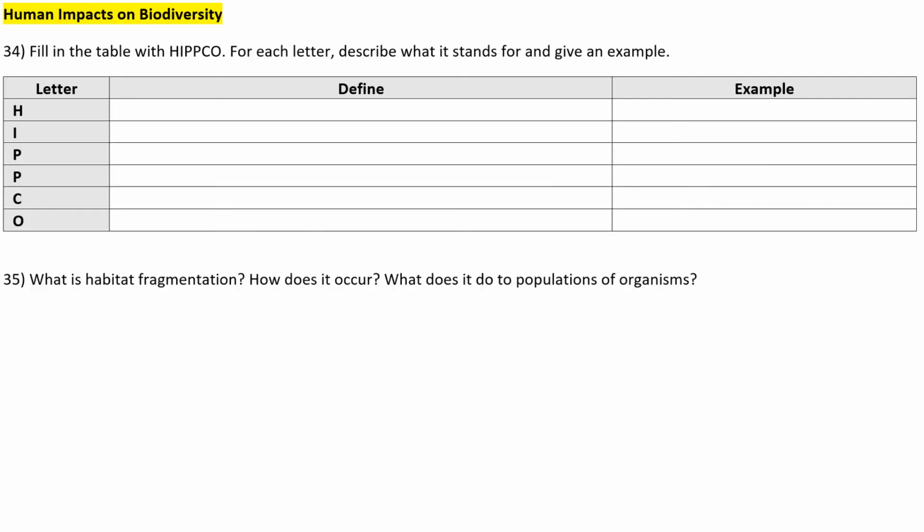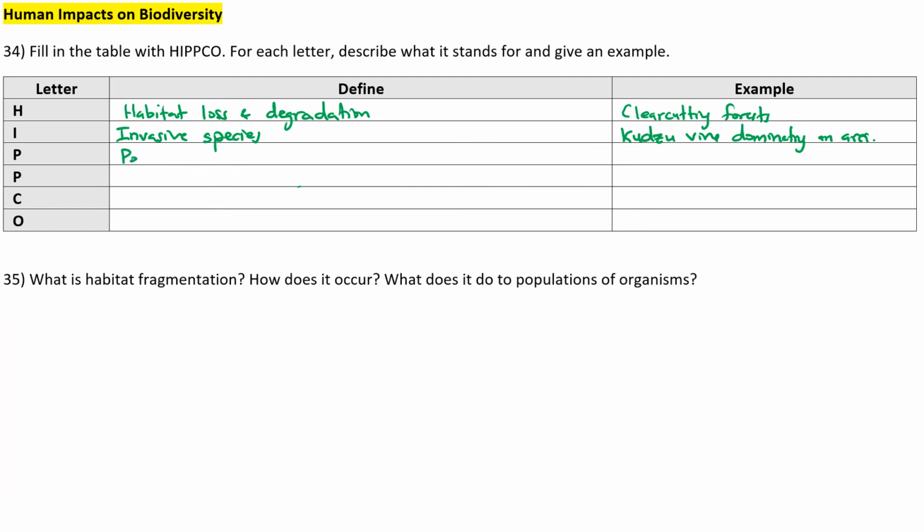Fill in the table with HIPCO. For each letter, describe what it stands for and give an example. So H is habitat loss and degradation. The example is clear cutting forest. I is for invasive species. The kudzu vine dominating an area.